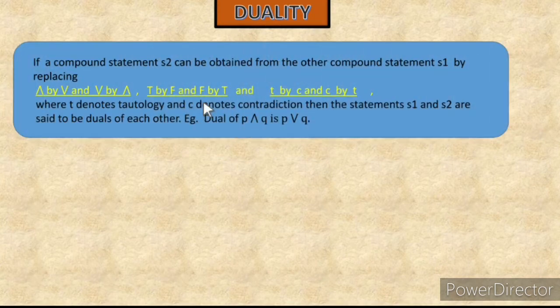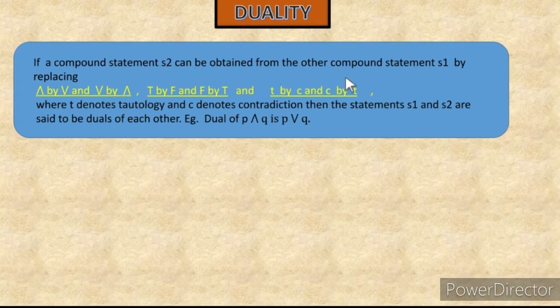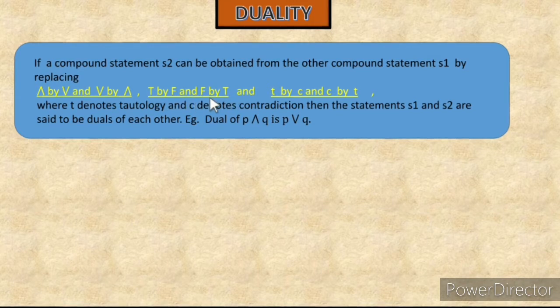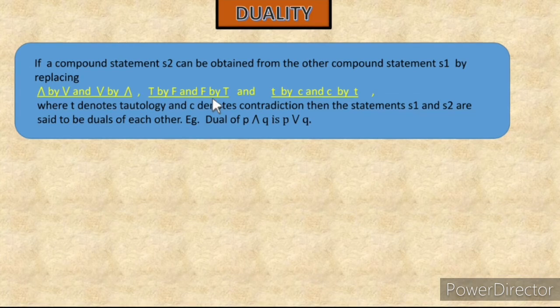Let us see. Suppose you obtain a compound statement S2 from another compound statement S1 by replacing 'and' by 'or', 'or' by 'and', T by F and F by T, where T and F are the true and false truth values of the given statements, and also small t by small c and c by t.